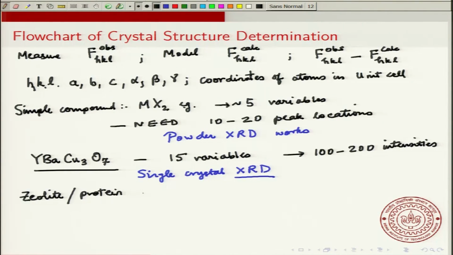In this case you could easily have 100 or more variables, 100 to 1000 variables. And you would require something like 5000 to 50,000 intensities.